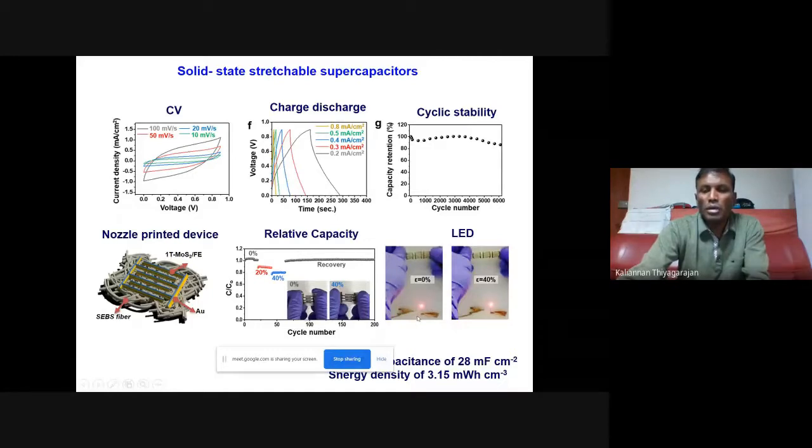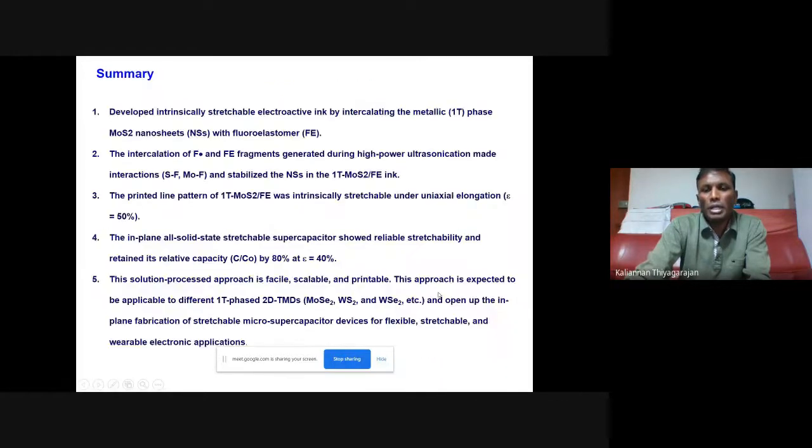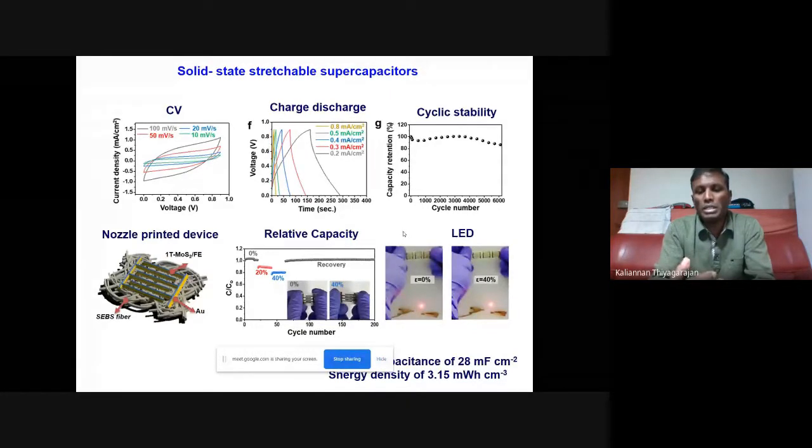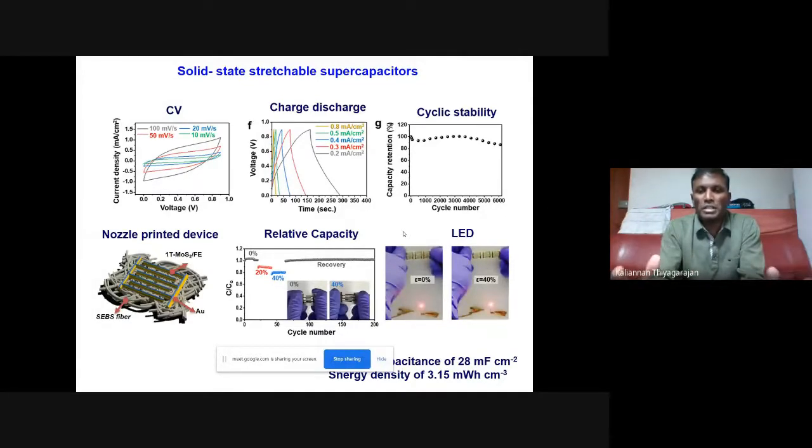So it was successfully fabricated. Further, on the efficiency side, we expected more, but it is a little low compared to other published stretchable supercapacitors.